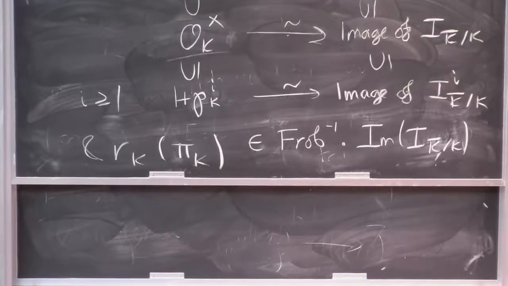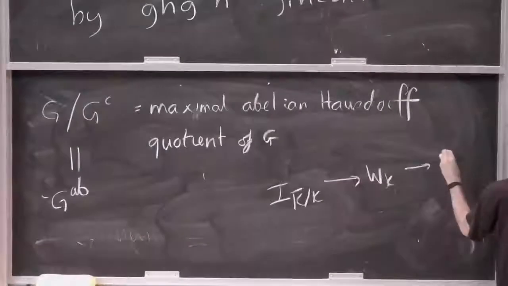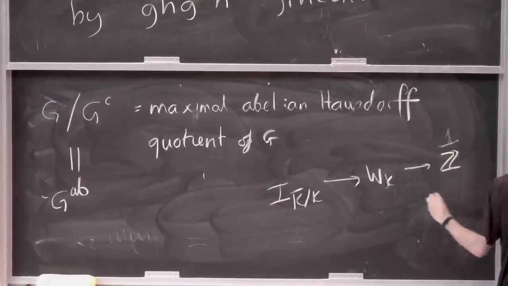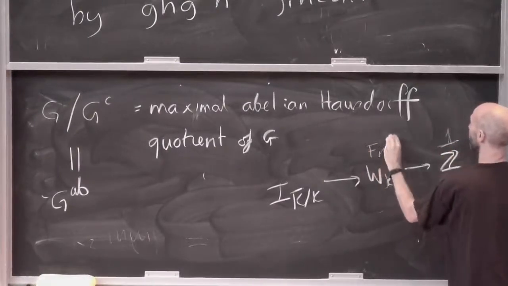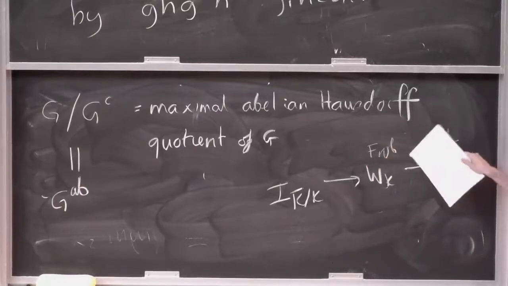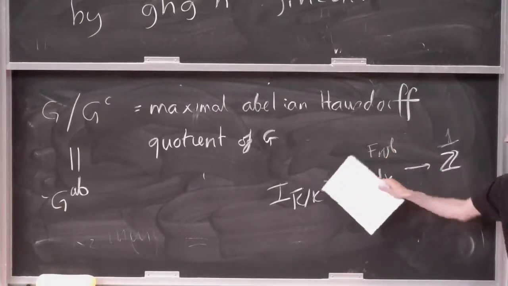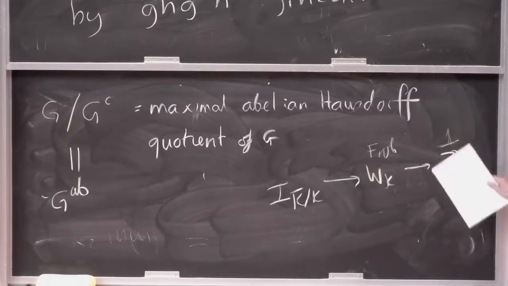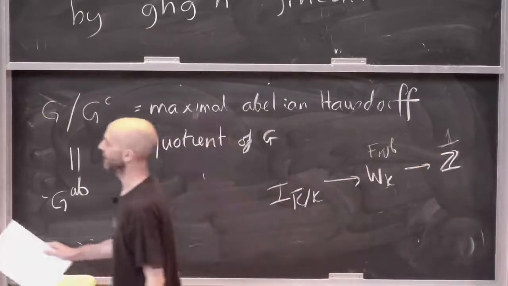Remember we had I_{K̄/K}, and that went to W_K, and that went to Z. And we have a 1 here, and we can lift that to a Frob here, and that Frob is not well defined. But the coset of inertia in Frob, the coset is well defined. So I'm making an assertion about something landing in a coset.